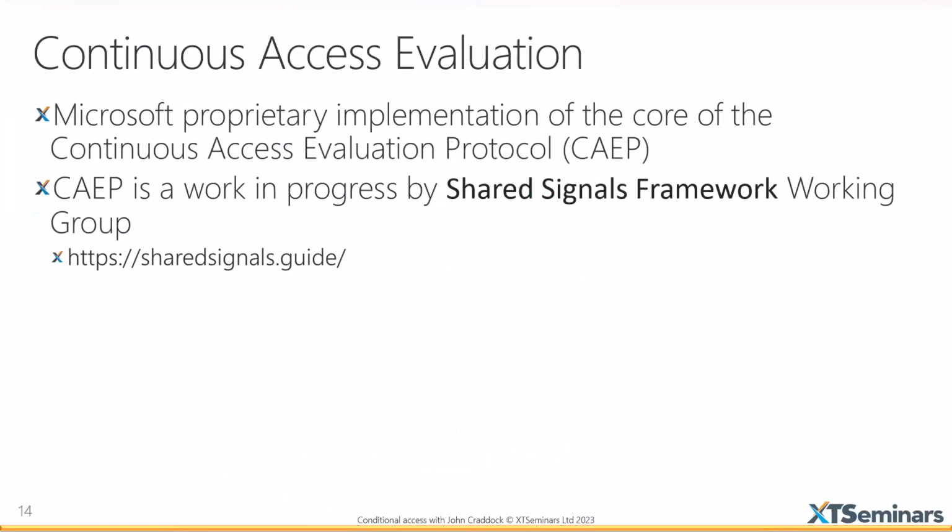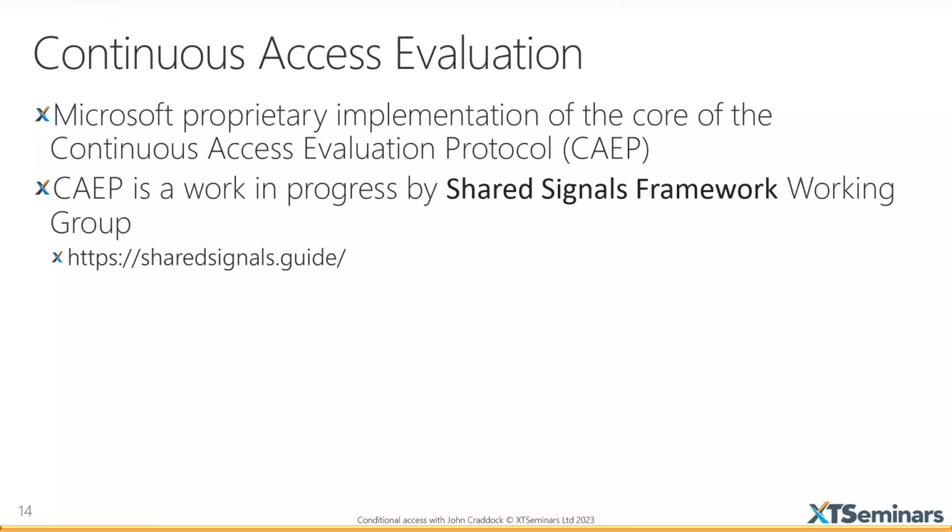Our last thing to look at is continuous access evaluation. CAE is Microsoft's proprietary implementation of the core of the continuous access evaluation protocol. CAEP is a work in progress by the Shared Signals Framework Working Group.